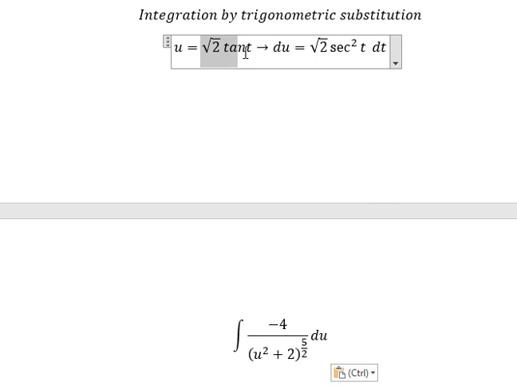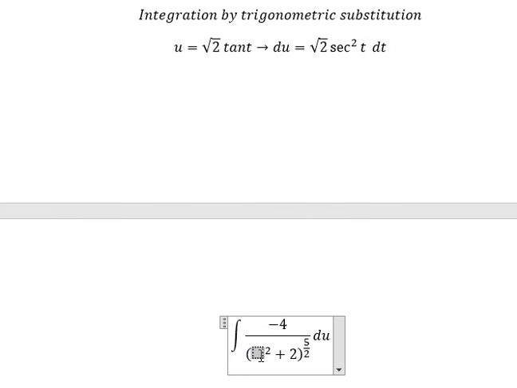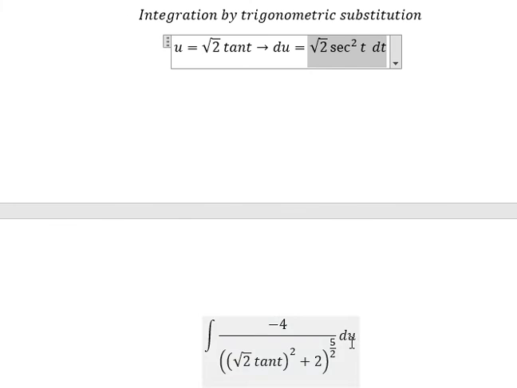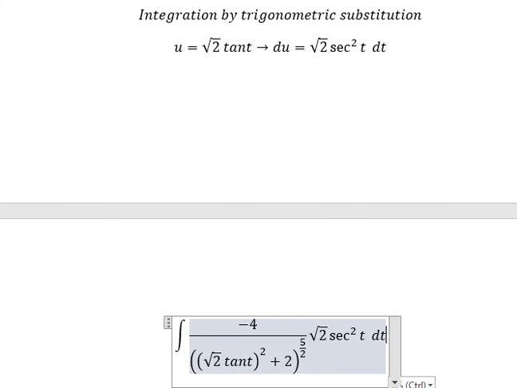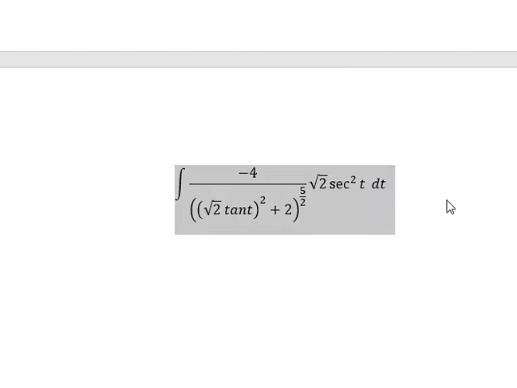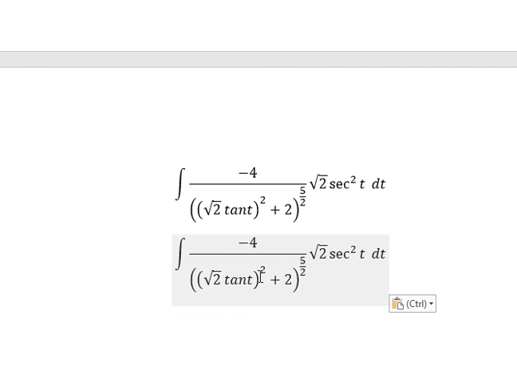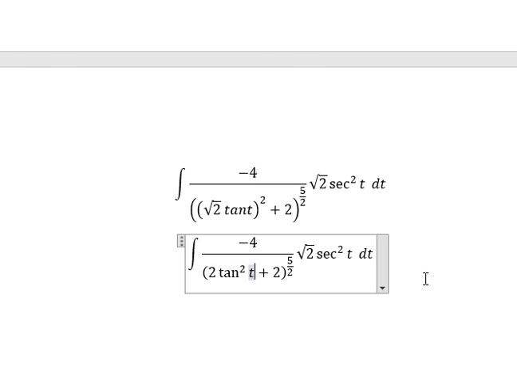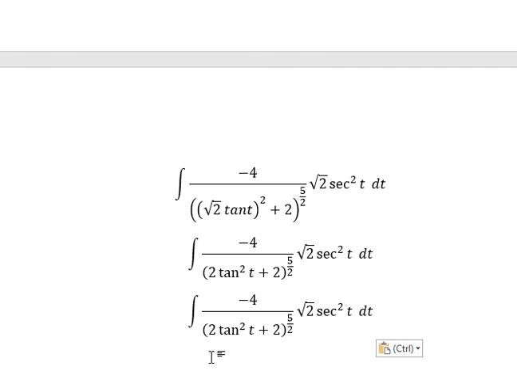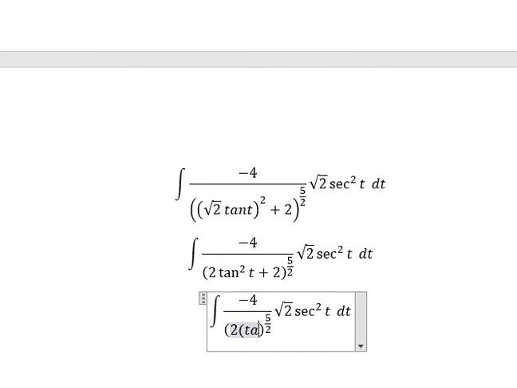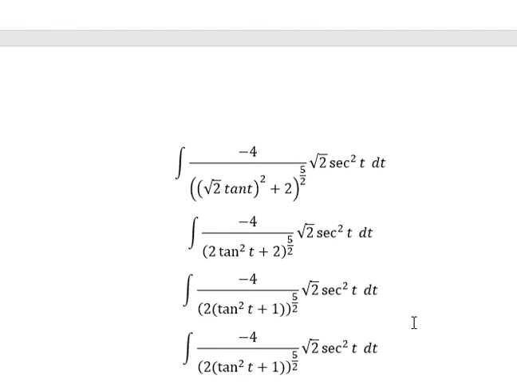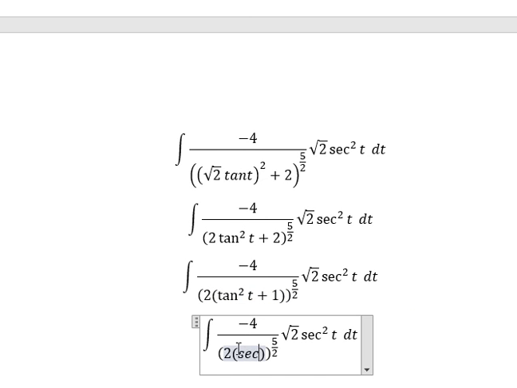So I will put this one go in here. Du is this one. So we have 2 tan t square. Number 2, we can do factorization. This one is secant of t square.